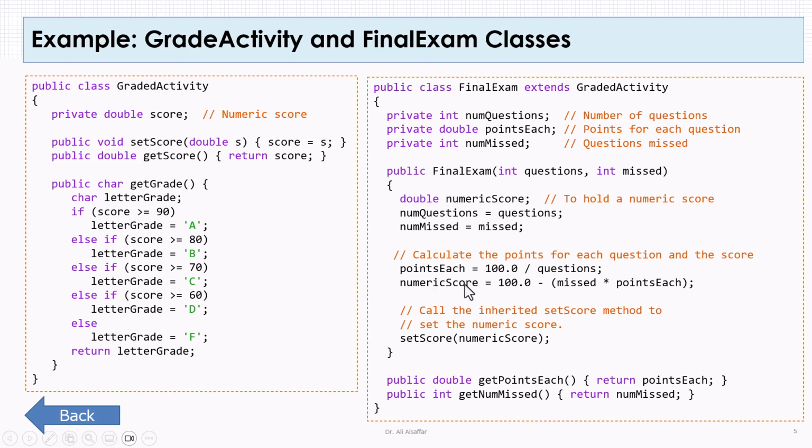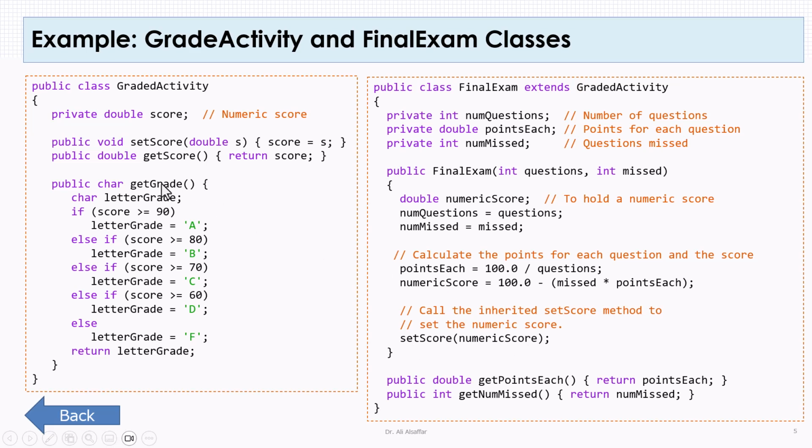Now we want to save this score into the inherited score that is in the GradedActivity class. Notice that when we say extends, that means the data and methods are available in our extended class. But since the data in the inherited class is private, we cannot access it directly. That means we cannot say here score equals numeric score.